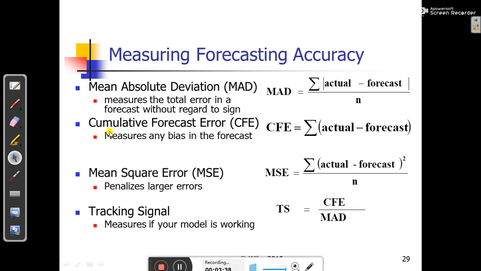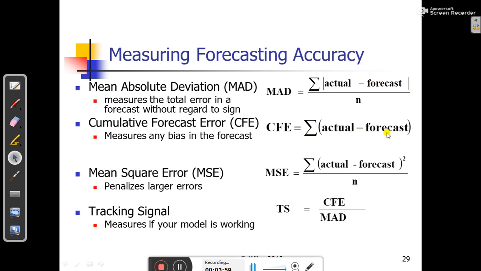The second one is cumulative forecast error, which measures any bias in the forecast. So using this technique we can measure any bias in the forecast. It is the summation of actual minus forecast.